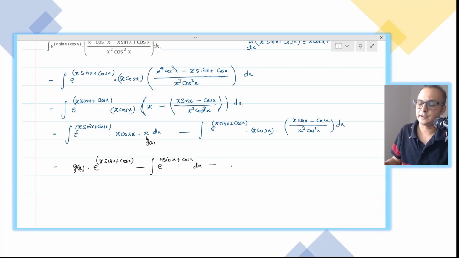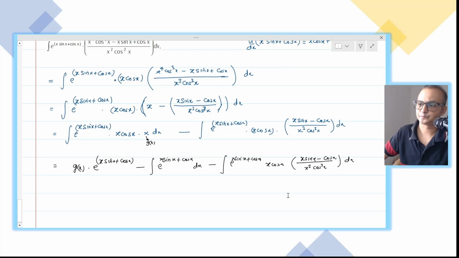Alright, and here I have minus of e to the power x (sin x plus cos x), x sin x by the way, x cos x, and this is (x sin x minus cos x) divided by x cube cos cube x dx.